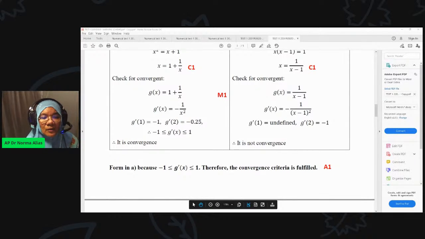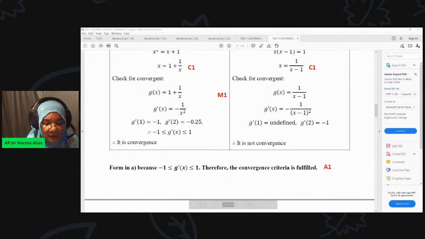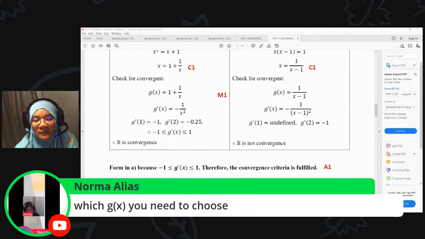So my question is, which g do you need to choose? The g that you need to choose should have g prime x between -1 and 1.